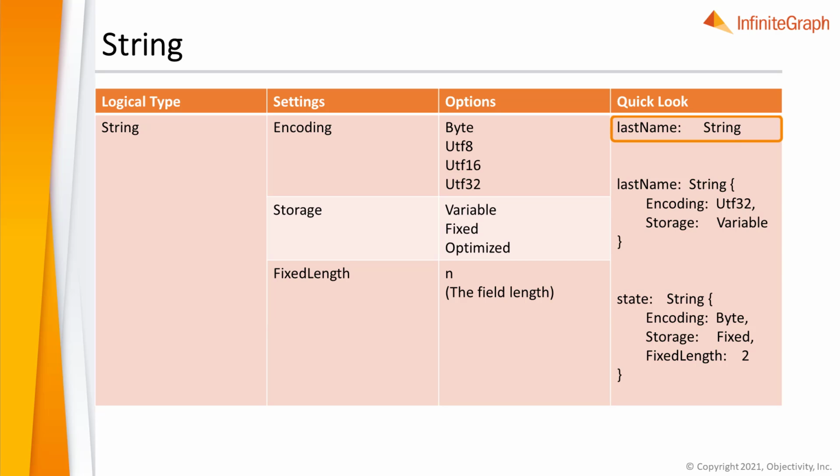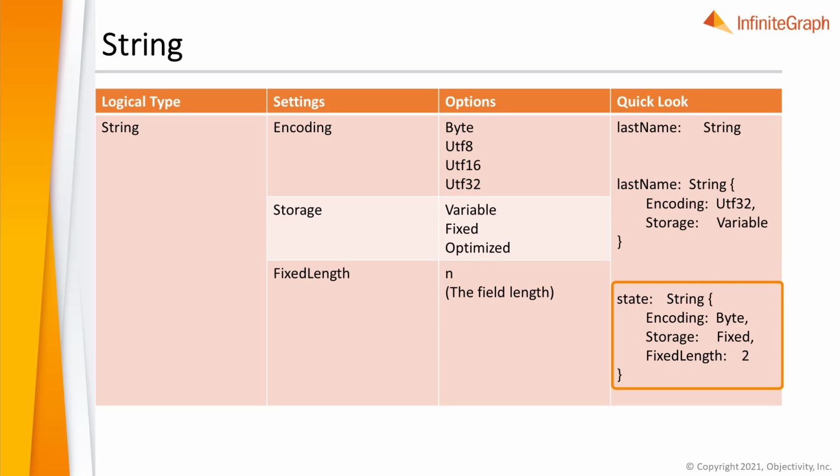In the quick look, we see our previous declaration, last name, colon, string. Then, in the second example, we are specifying the encoding to be UTF-32 and the storage to be variable. If we hadn't specified the storage, it would have been set to variable as the default value.